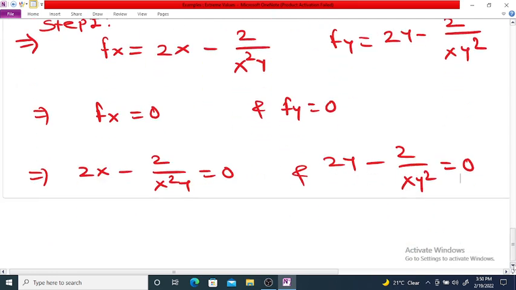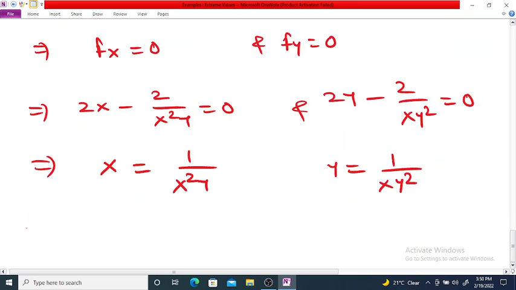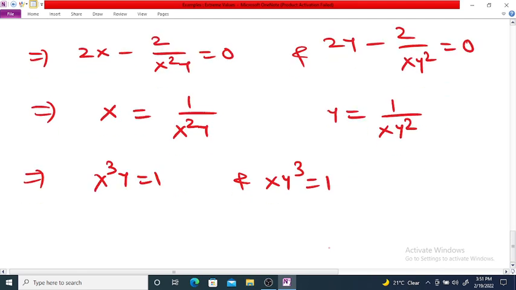From this, if we cancel 2, we get x = 1/(x²y) and y = 1/(xy²). From this we get x³y = 1 and xy³ = 1.